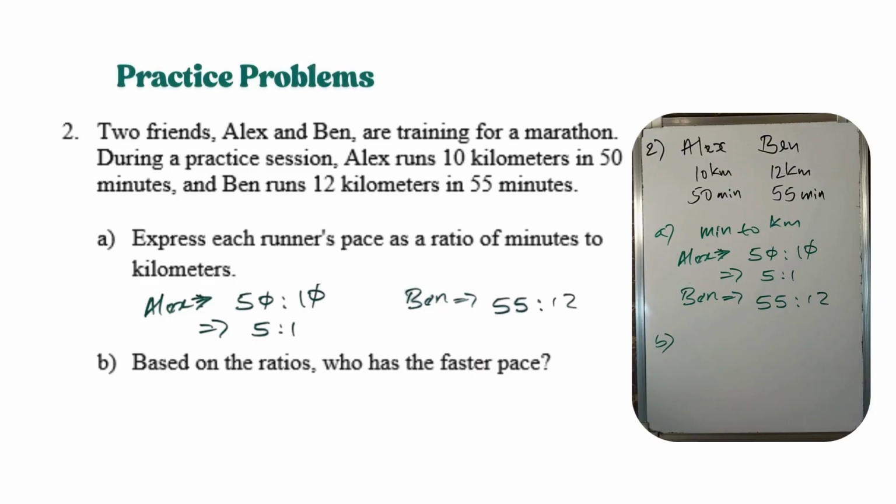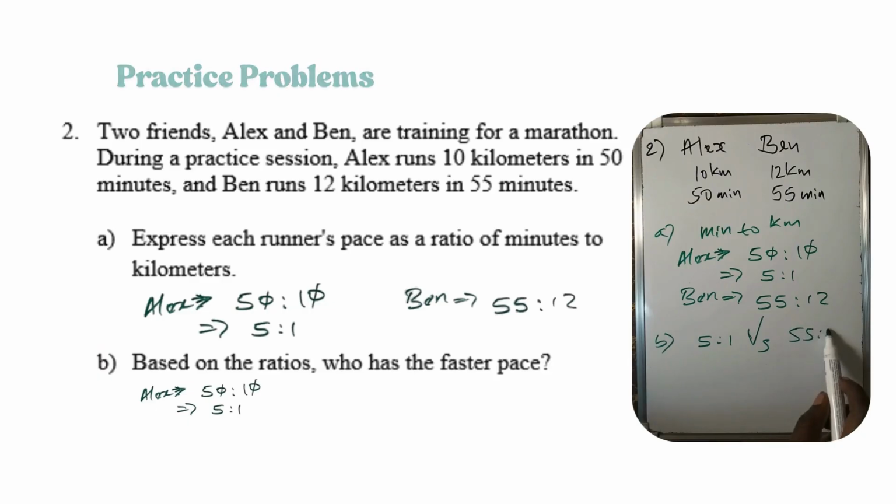Based on the ratio, who has the faster pace? Here, we are going to compare 5 to 1 versus 55 to 12. If we compare ratios, we change them to fractions, and then we can change them to decimals to compare. So this one into a fraction will be 5 over 1, versus 55 over 12.